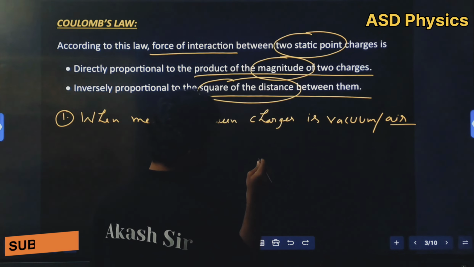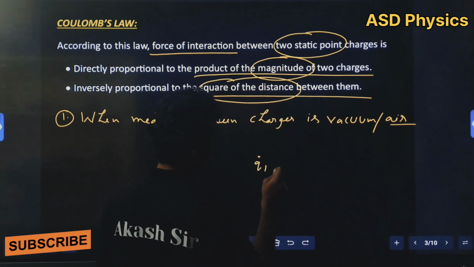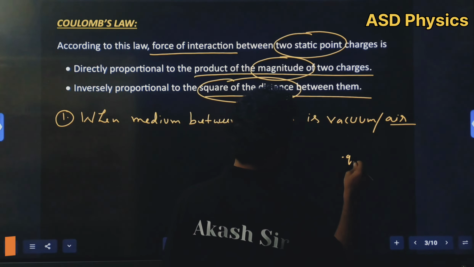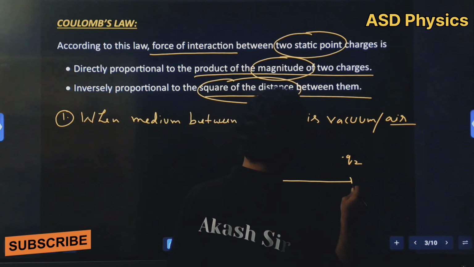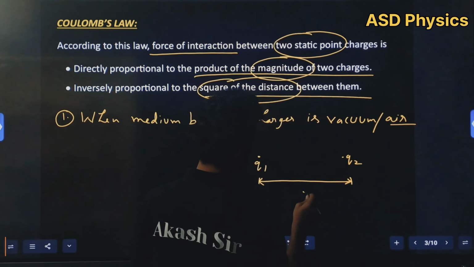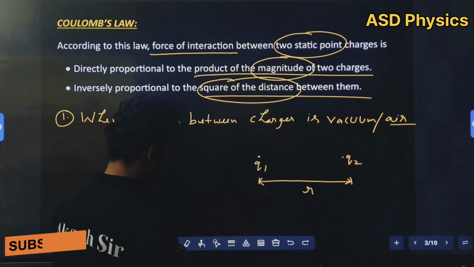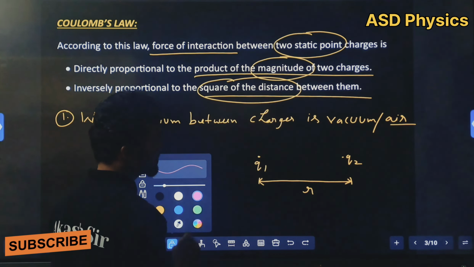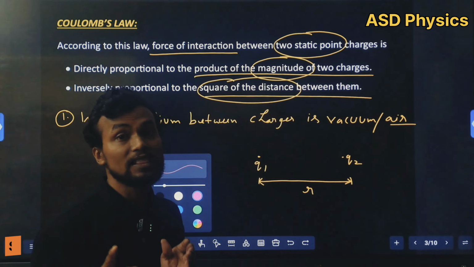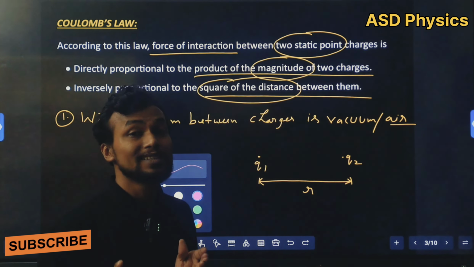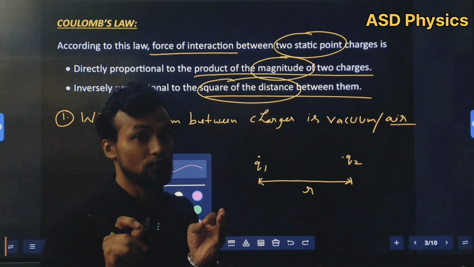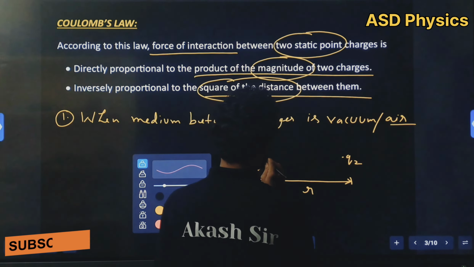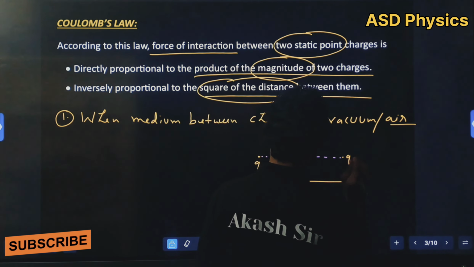See here please, I have taken two charges, this is Q1 and this is Q2, and the distance between the charges I have taken as small r. Now you have to understand that the force will act along the line joining the charges. That is the concept of central forces. Central forces are the only ones having this property. So we connect both charges by a straight line.